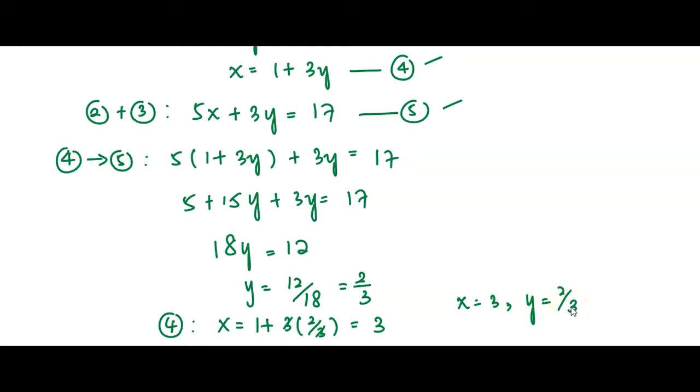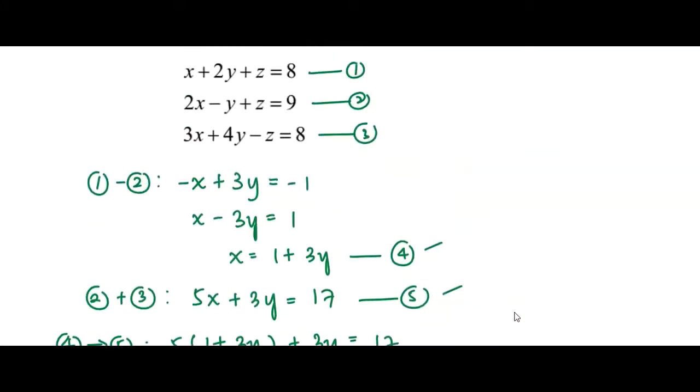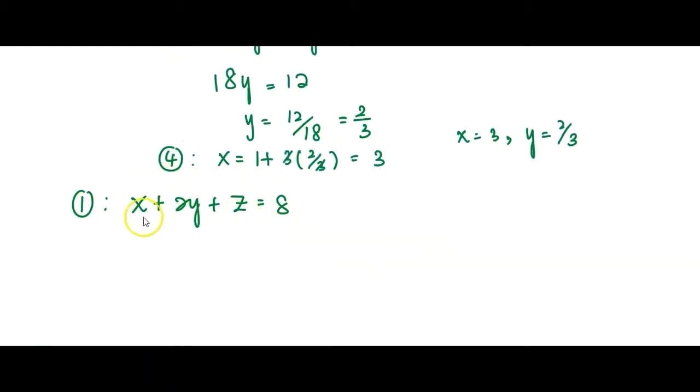So now you need to get the value of z, because you just got x equals 3, y equals 2 over 3. In order to get the value of z, you can substitute those values into equation 1, or equation 2, or equation 3. So this time I will choose equation 1. Equation 1 is given as x plus 2y plus z equals 8.